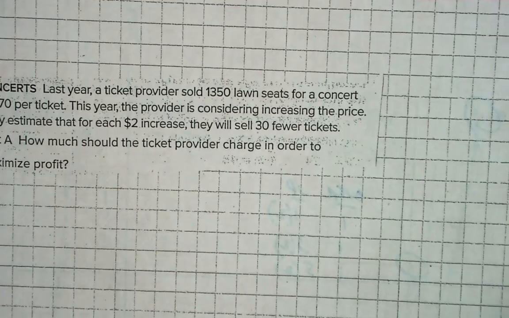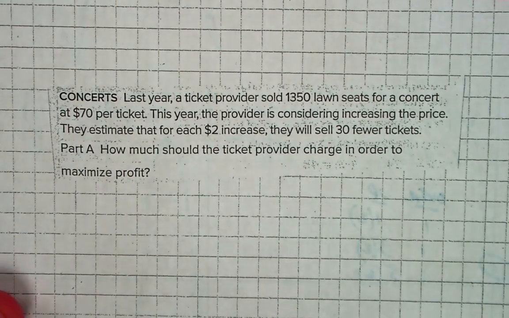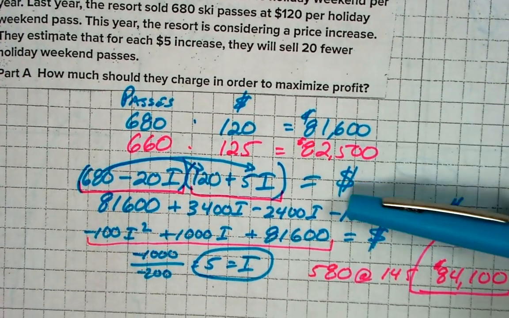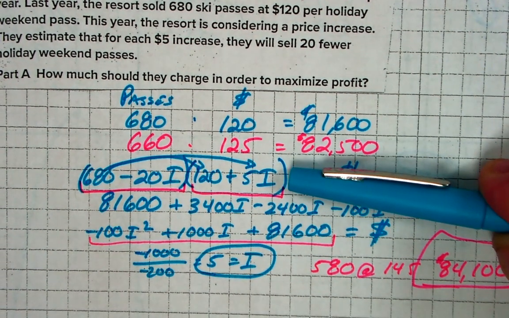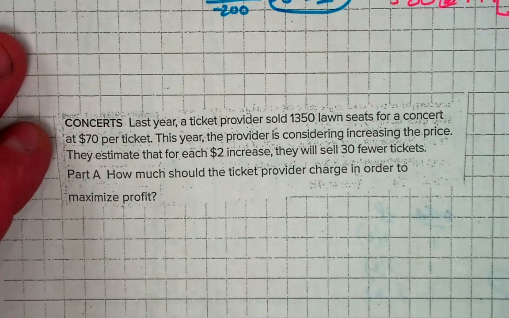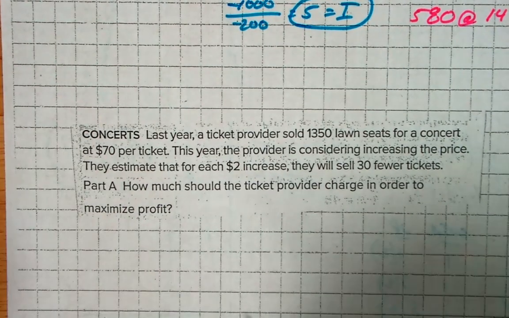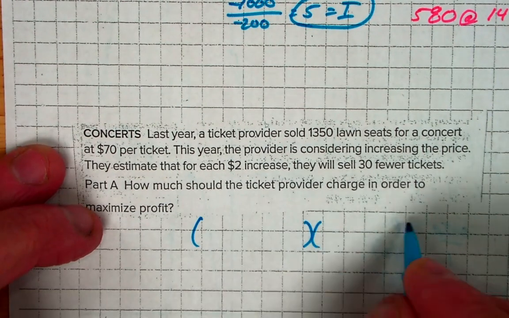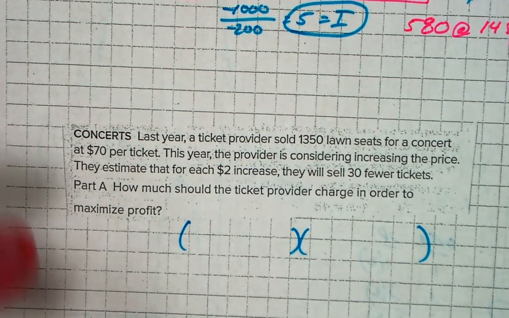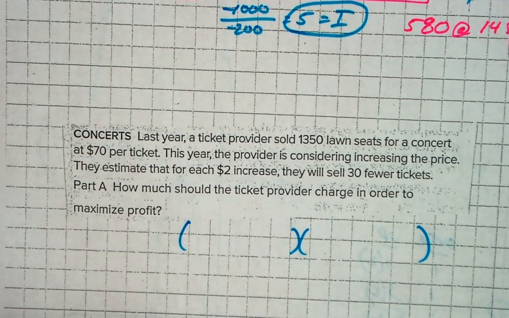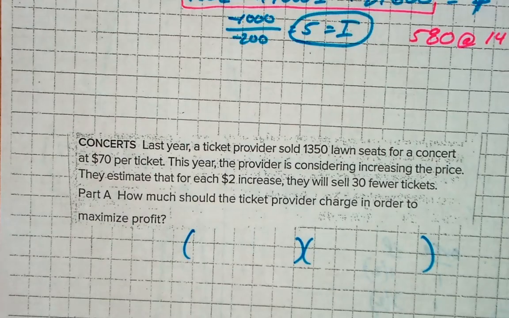Okay, here we go. So for this next one, you don't have to do the first two steps like I did. If you can go right to this, by all means, do so. That's my challenge to you on this next one: I want you to come up with two expressions. One is how many seats they're selling for the concert and how much it is per seat.